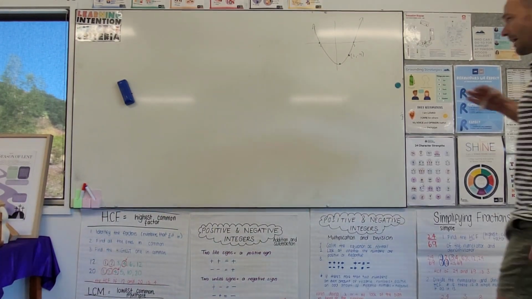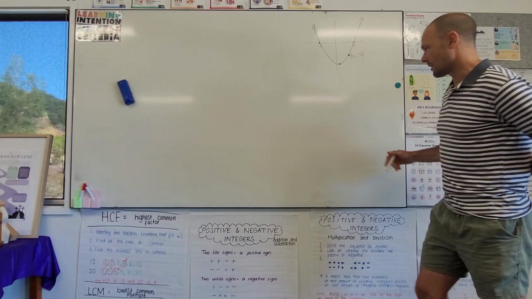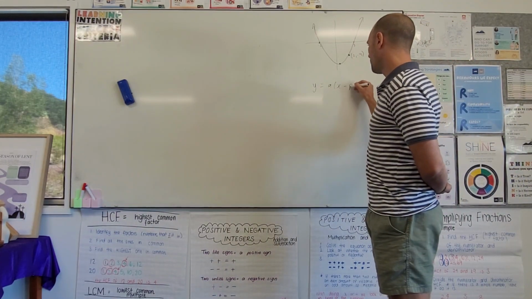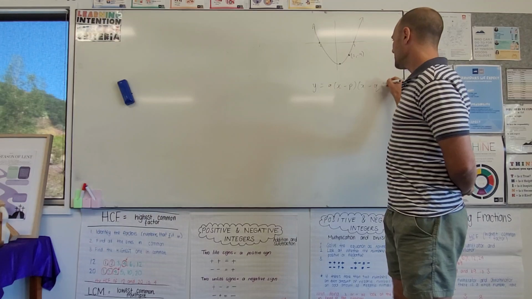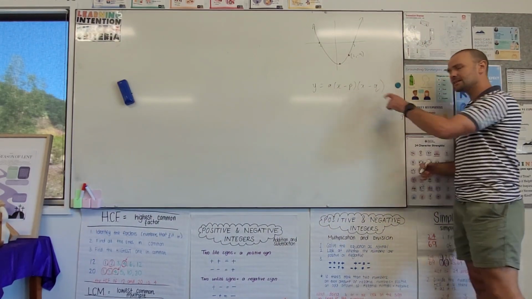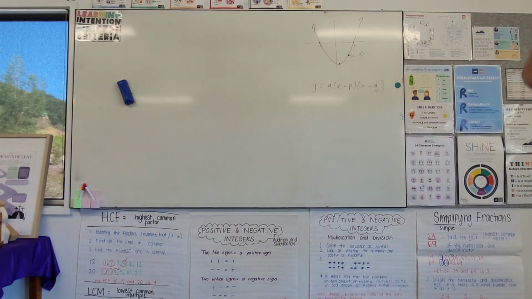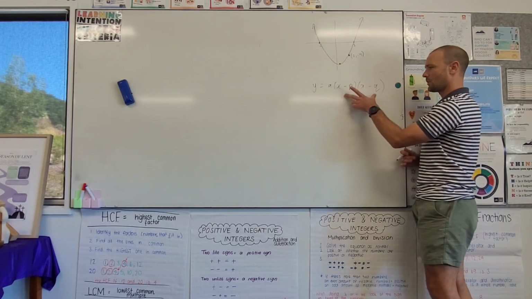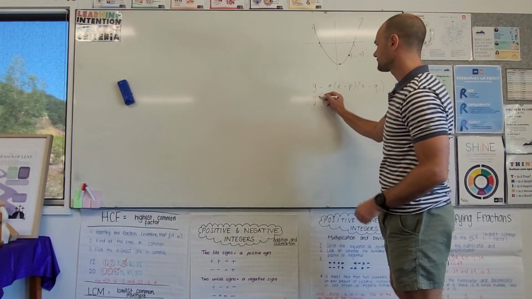Alright, so when we're going to find the equation of this quadratic, we'll start with what we were doing last time with linear factor form. This is linear factor form because we've got two linear factors and it shows us the roots of the quadratic equation. Our roots in this example are minus 2 and positive 3, so we're going to put those into here.